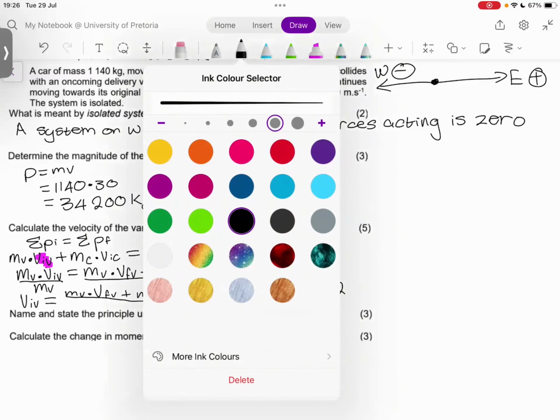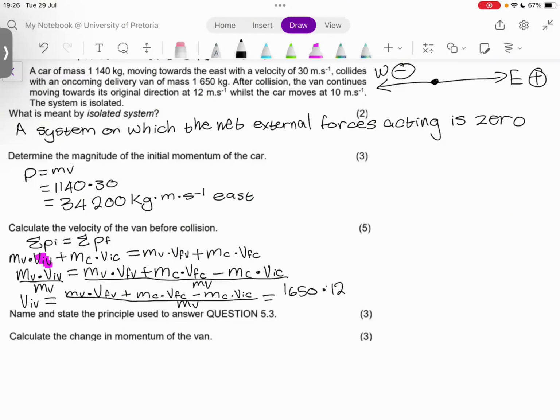So let me substitute that in now. Plus the mass of the car in this case is 1,140, multiplied by the final velocity of the car, which is given as 10 meters per second. Would that be east or west? That would be east.